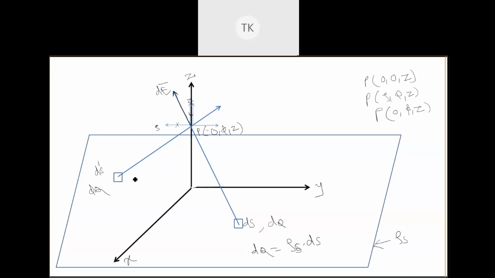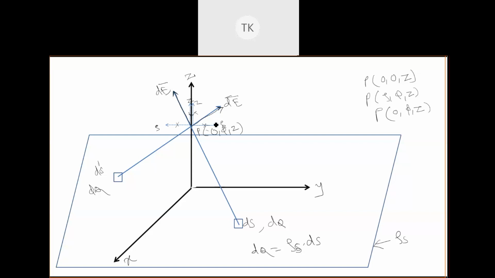Then due to that differential surface area there will be a differential electric field intensity dE at point P, which can be denoted with the help of this vector. This differential electric field intensity also has two components, one in the direction of z and one in the direction of rho.